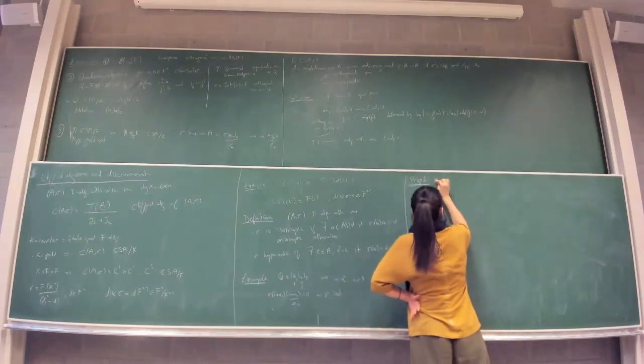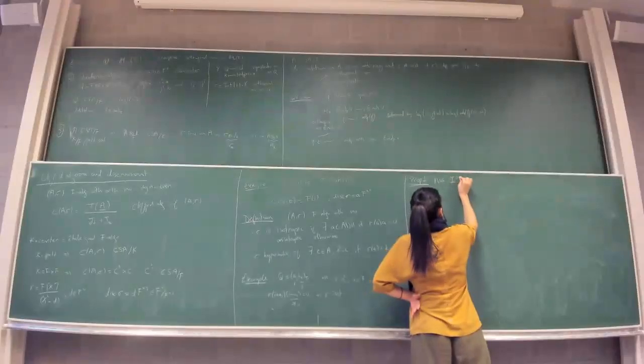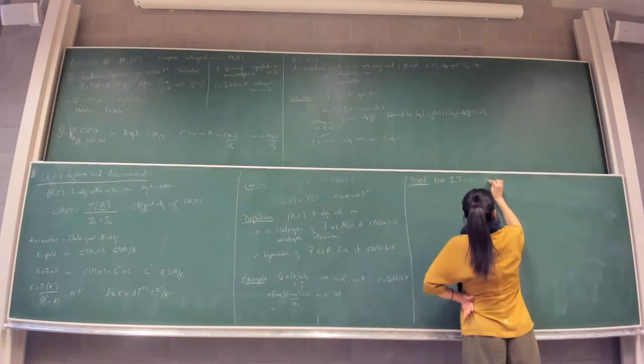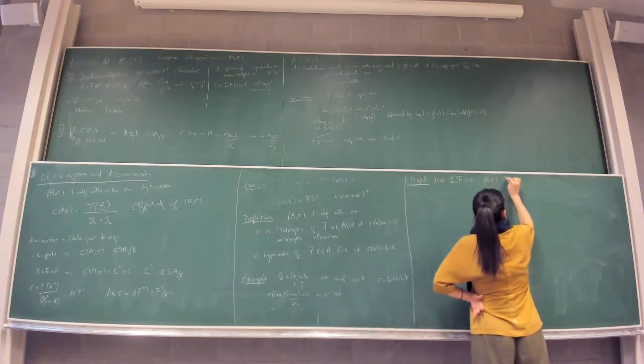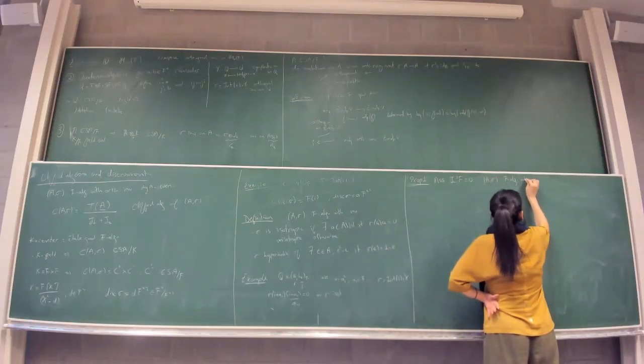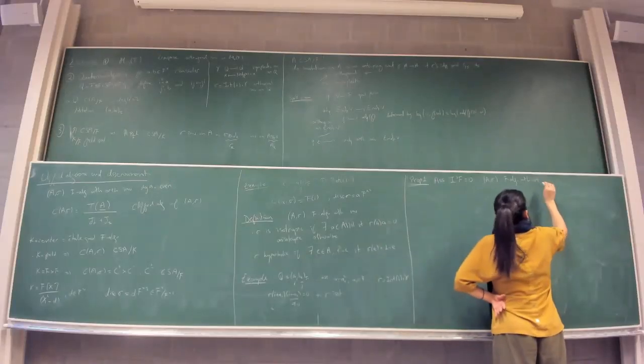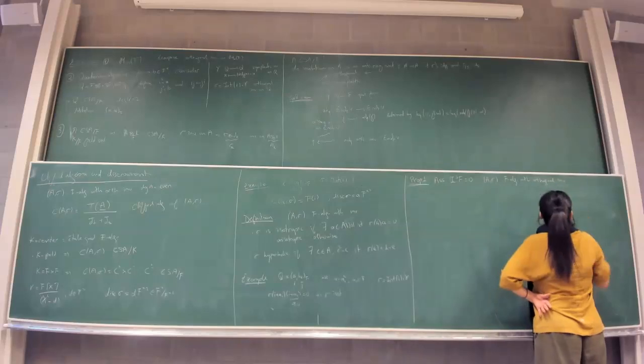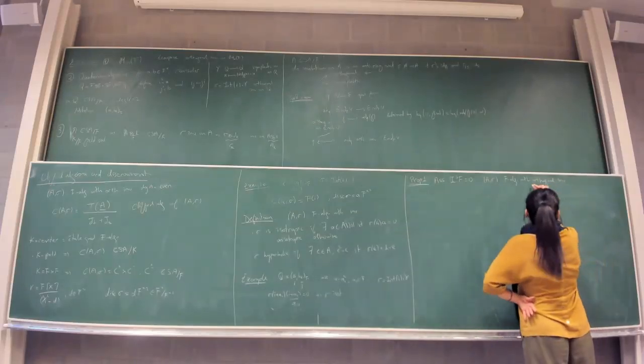Proposition. So we assume characteristic is not 2, and let A be an algebra with orthogonal involution, anisotropic.